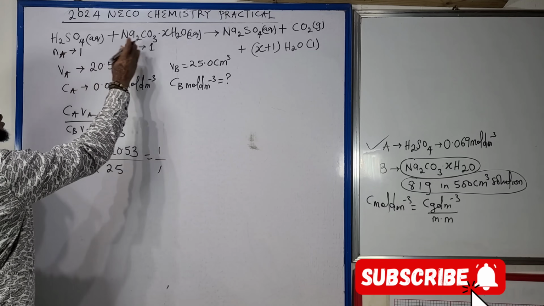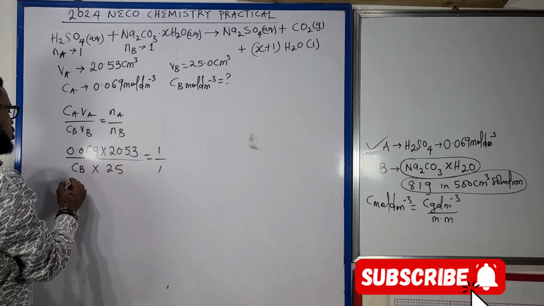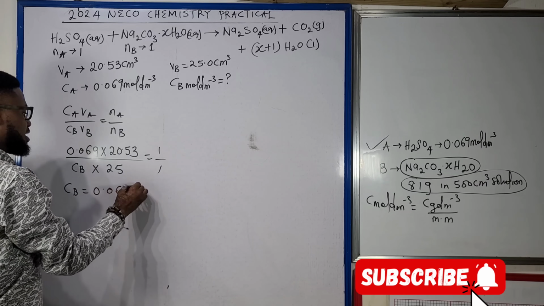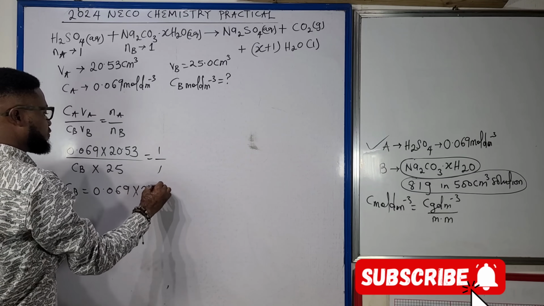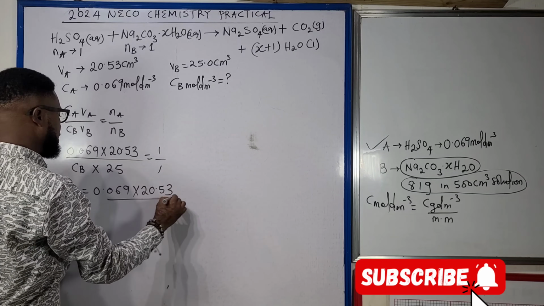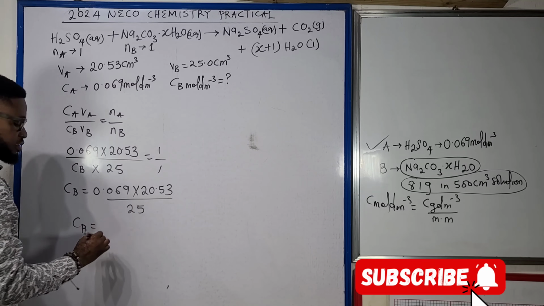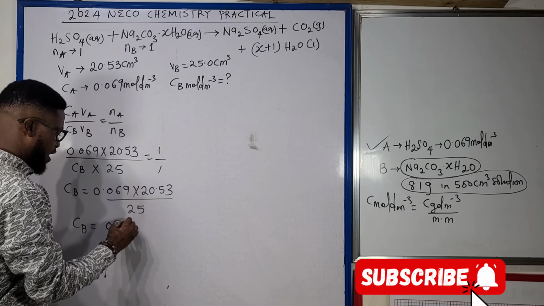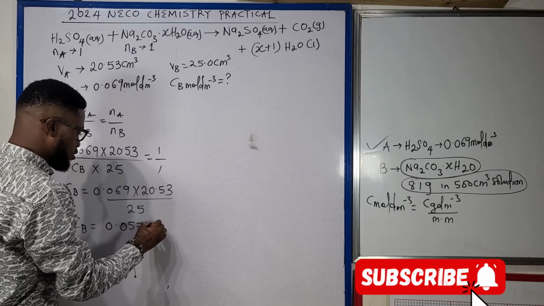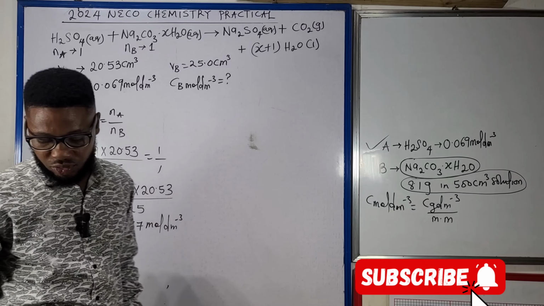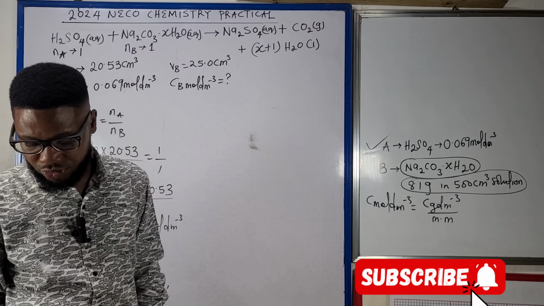From the equation given, it is 1:1. So my CB here will be 0.069 times 20.53 divided by 25. In this case, our CB is 0.057 mole per dm cube. Okay, so that way we've been able to answer the first question.